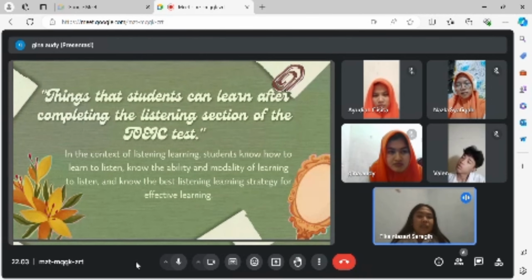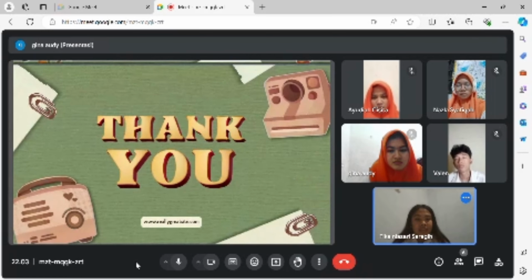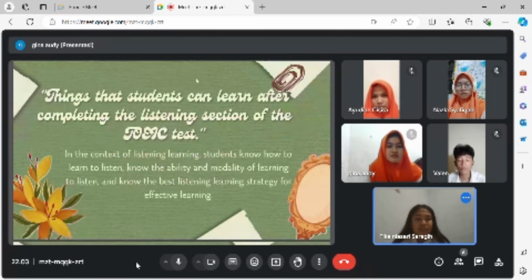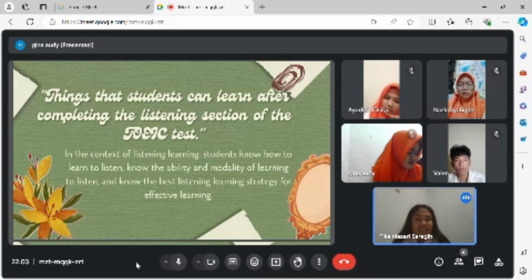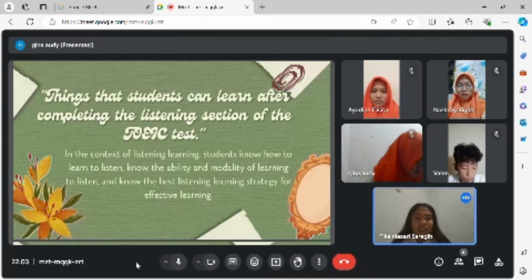So, how do students learn to listen? First, choose interesting sources. Choosing interesting sources helps students engage in the listening process. Second, focus attention and reject distractions. Students need to focus and reject distractions in order to understand information well.